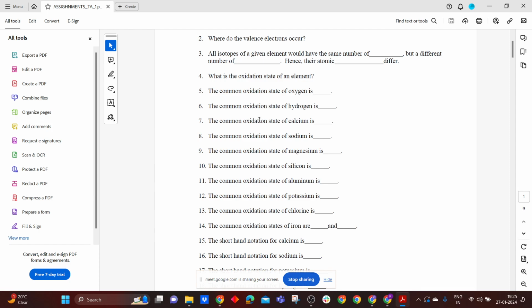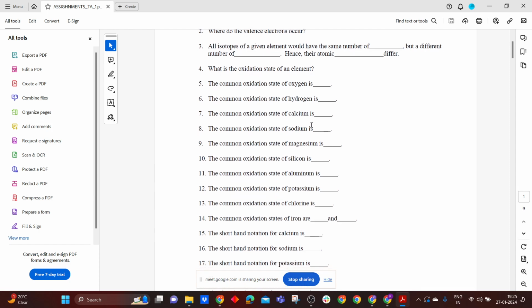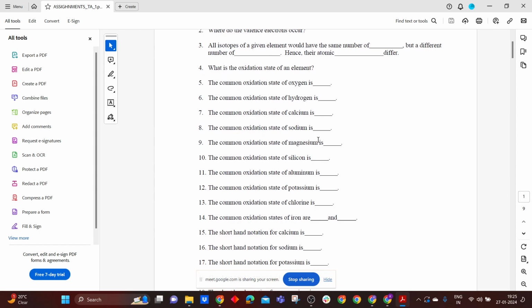And the common one for magnesium is +2, yes, very good. Sodium +1, and silicon +4. Aluminum is +3, potassium K+, chlorine -1, iron +2 and +3, calcium +2. Very good, ferrous and ferric.